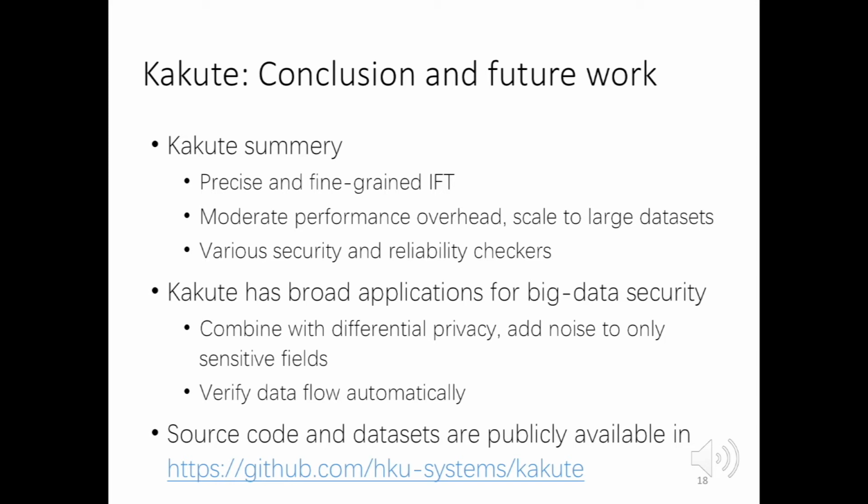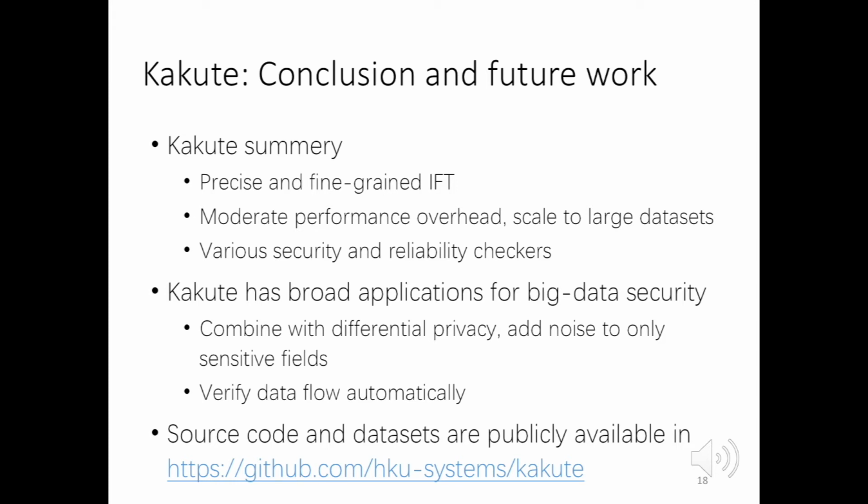So to conclude, we present Kakute, a precise and fine-grained information flow checking system. It has moderate performance overhead. We have also built several applications such as data provenance and information flow control using Kakute's API.